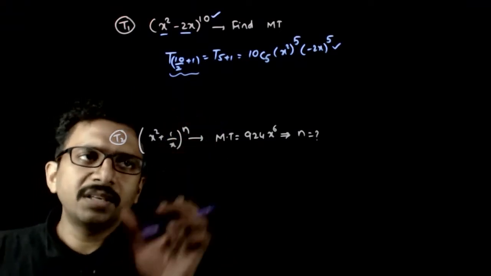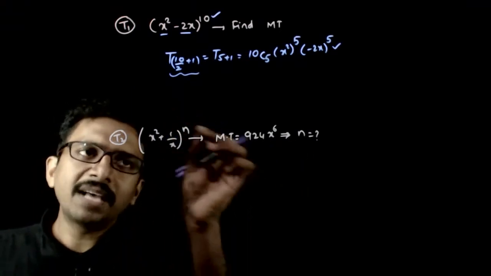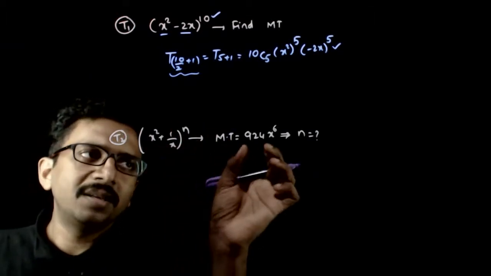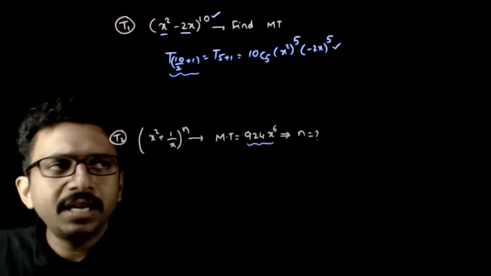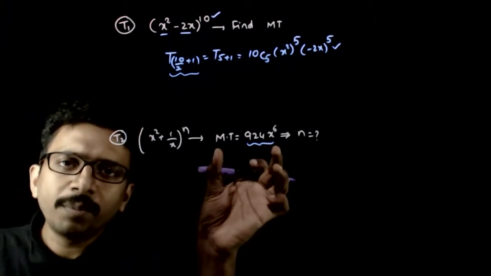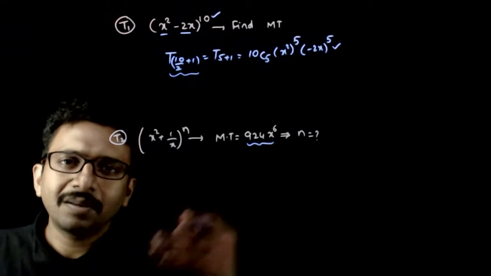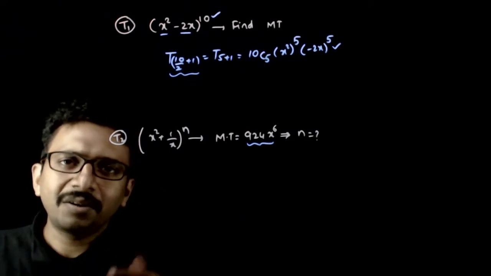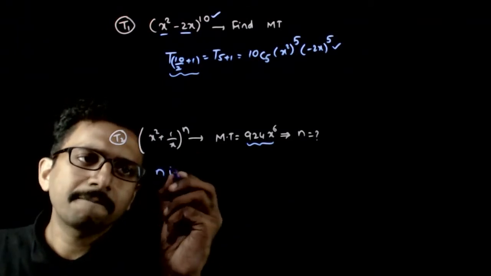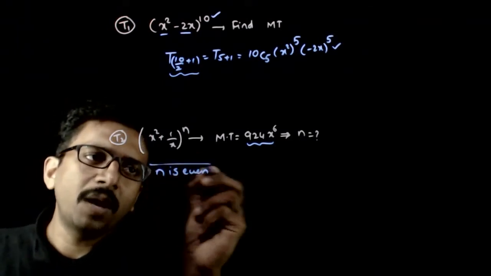The second type of question is, you will be given the middle term and asked to find the unknown. For (x² + 1/x)^n, the middle term is given as 924 x^6. You are given that you have only one middle term. So at the back of your mind, your conclusion is that n is even, because you have only one middle term.